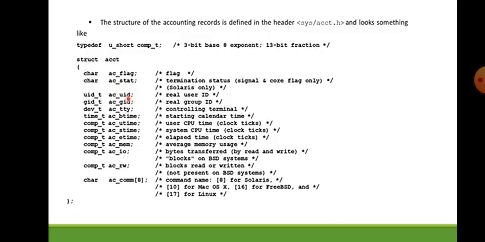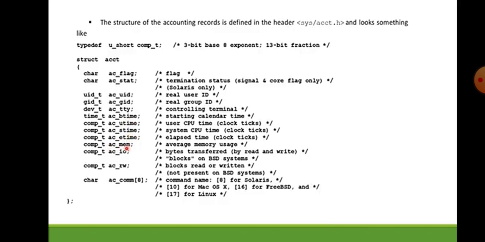UID, the real user ID of the process to which it belongs, the real group ID to which the process belongs, the controlling terminal of the process, the starting calendar time, and the user CPU time, system CPU time, elapsed time. All this information regarding time we will be looking at very soon in the upcoming slides, and it will be explained in detail.